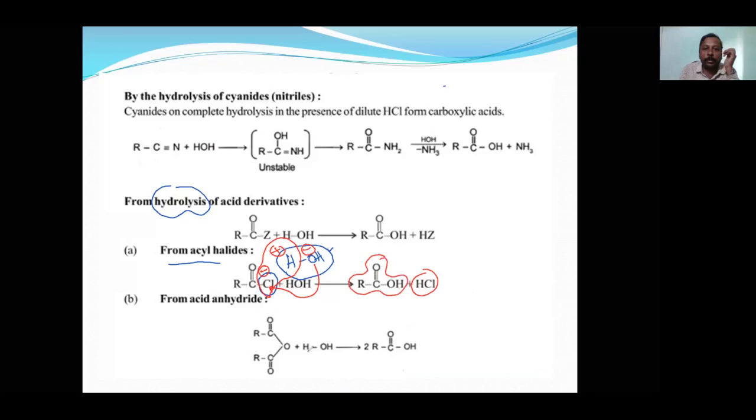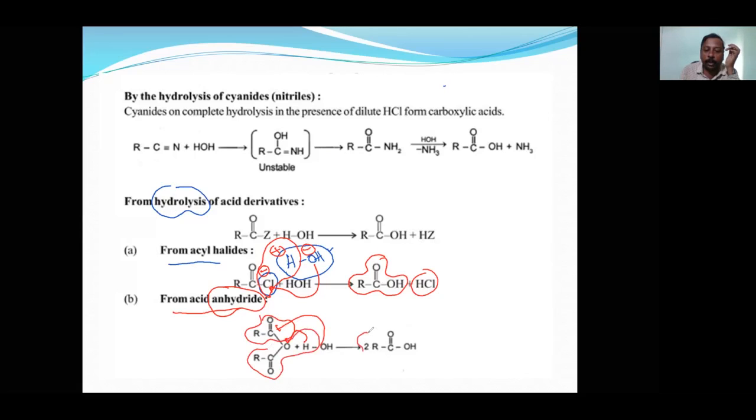Now the next process is the hydrolysis of acid anhydride. Anhydride means anything which is formed by loss of water. So when you give back its water, this hydrogen goes here, this OH will go here. So this is also RCOOH and this is also RCOOH.